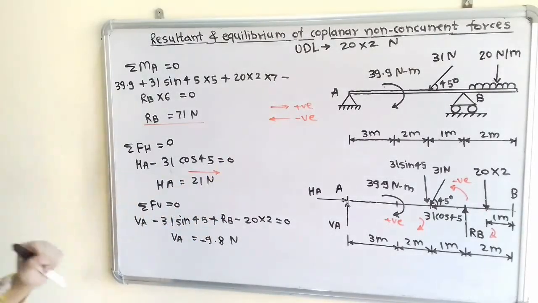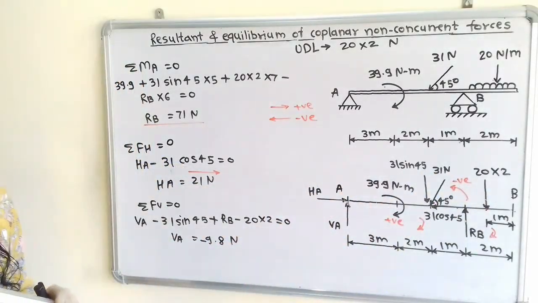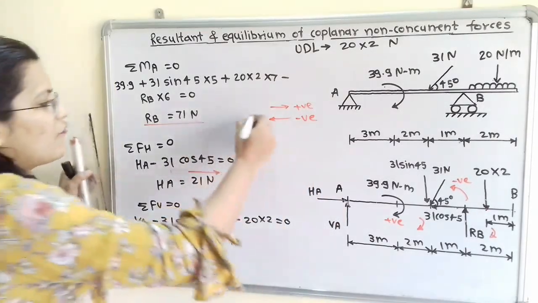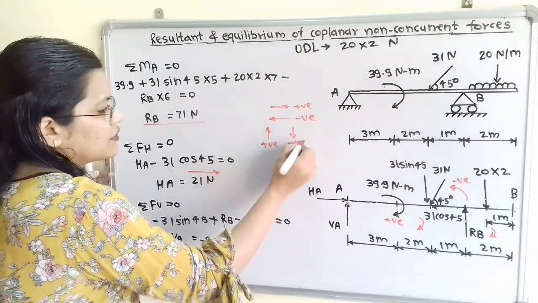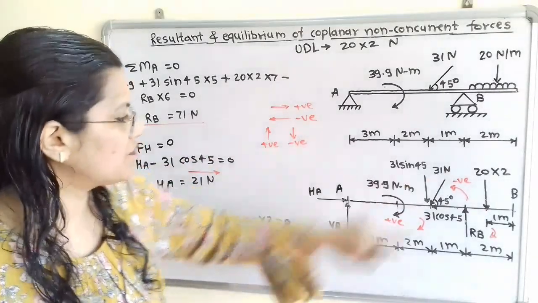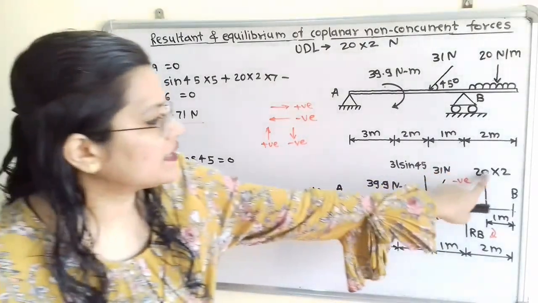Now we will move to calculate VA. So summation of all vertical forces is equal to 0. Now if we observe, here is VA, that is upward direction. For upward direction we will use positive sign and for downward direction we will use negative sign. So plus VA minus 31 sin 45 plus RB minus 20 into 2.